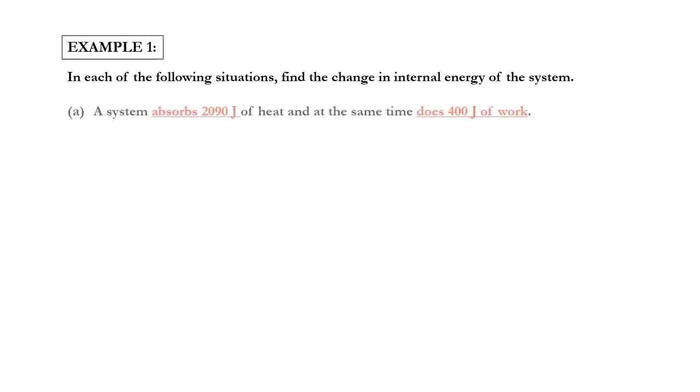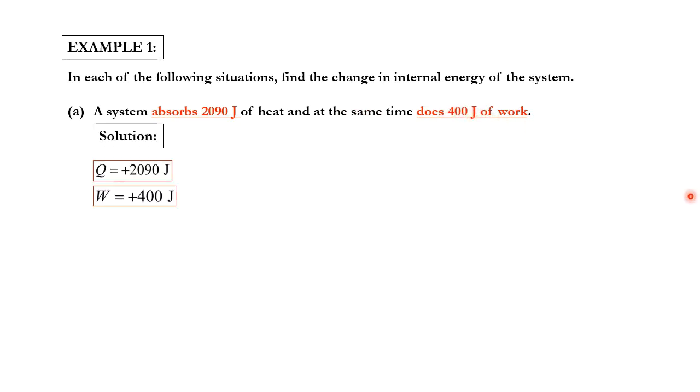Now let's have a look at example 1. In each of the following situations, find the change in internal energy of the system. So we have to find delta U. The first question: the system absorbs 2090 joules of heat and at the same time does 400 joules of work. Absorbed, so we use positive for heat.